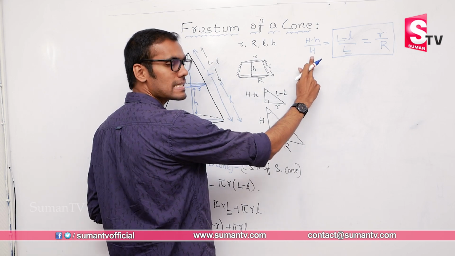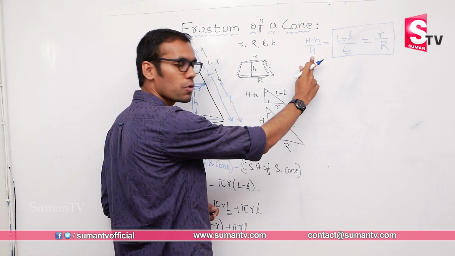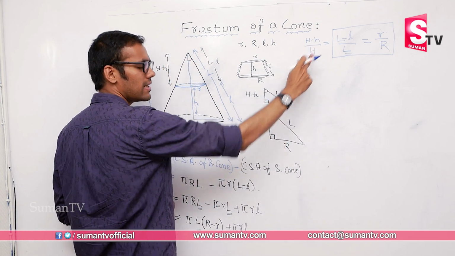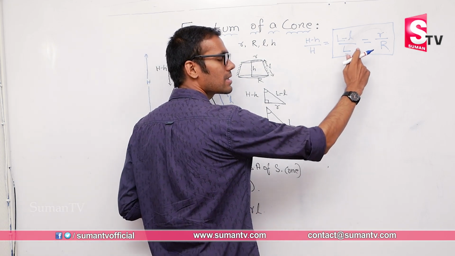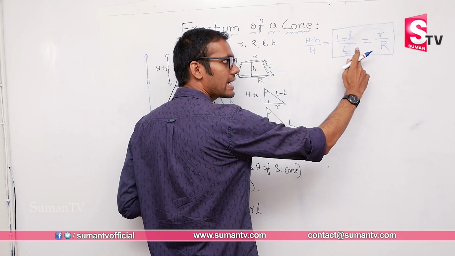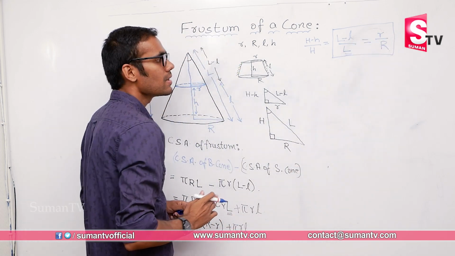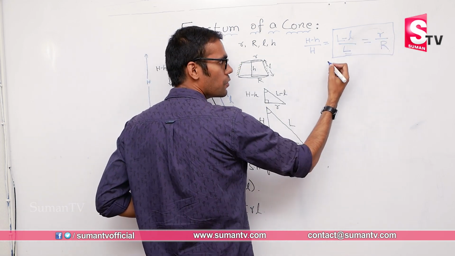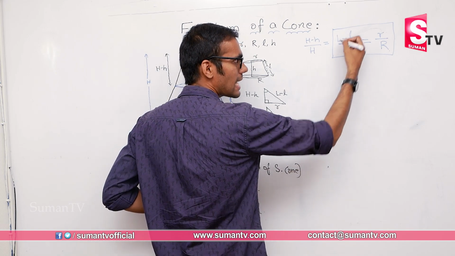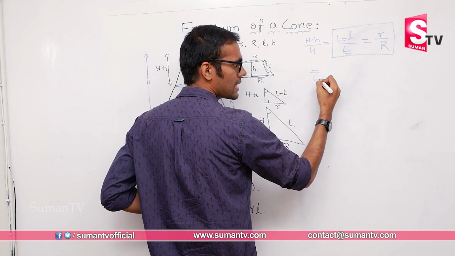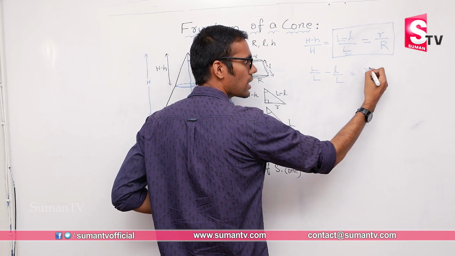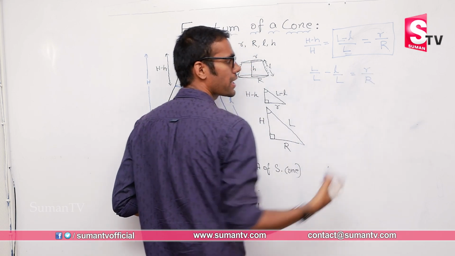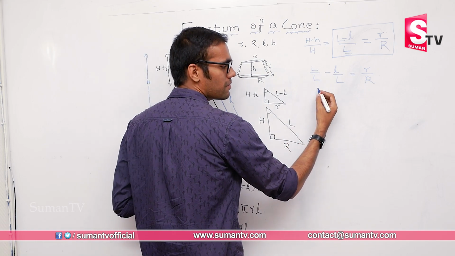Now, if you take the first thing into account, it is of no use because we don't have capital H and small h anywhere in the formula. So, we will take the values which have slant heights and radius. So, if you write this as capital L by capital L minus small l by capital L equals small r by capital R, capital L and capital L will be cancelled out.